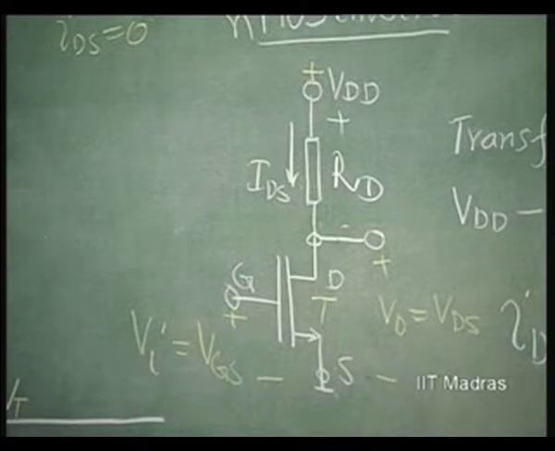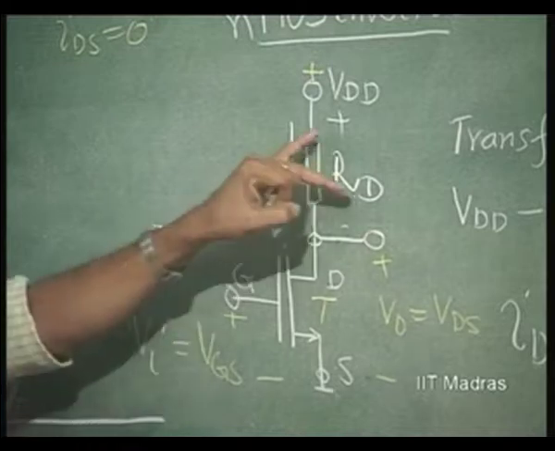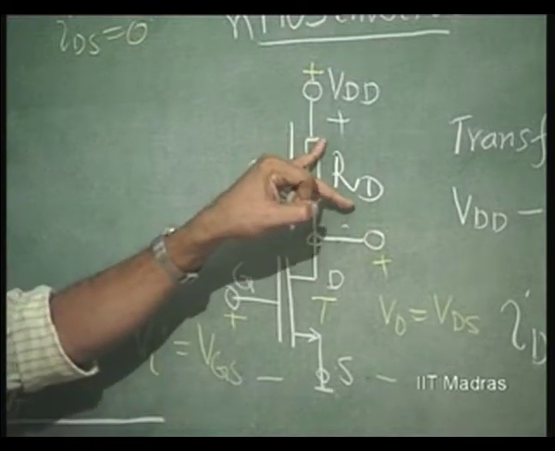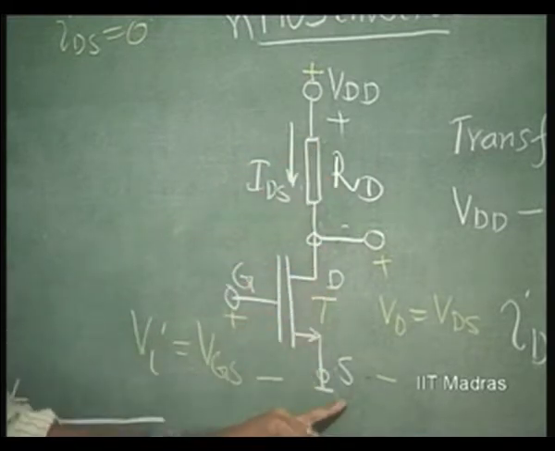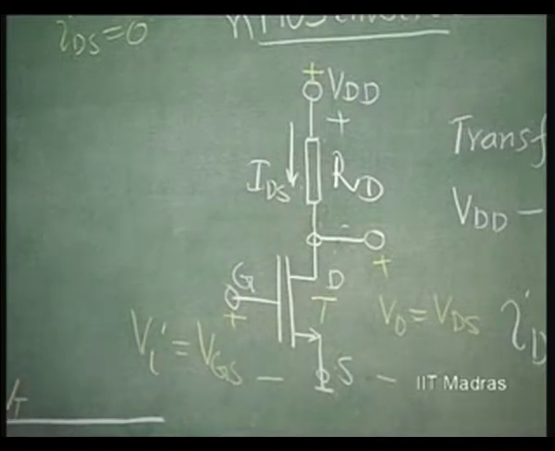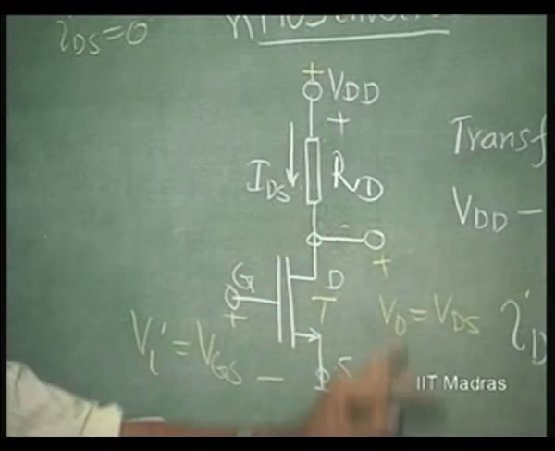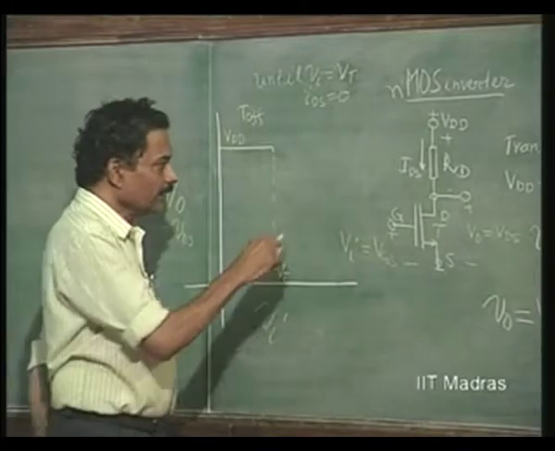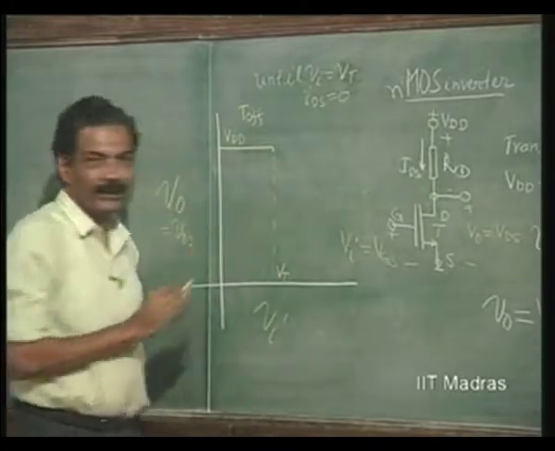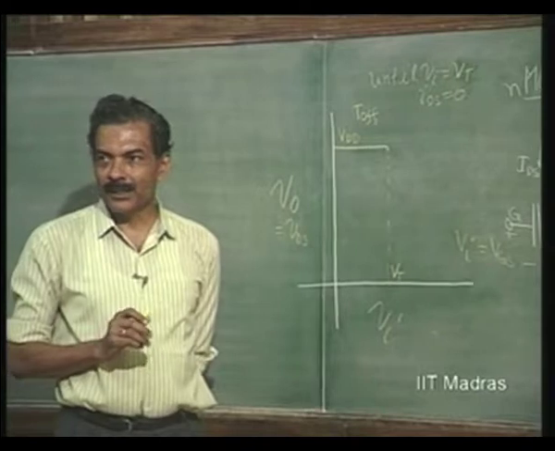Obviously, the point at which ID is 0 and VDS is the highest possible, VDD, should be a point where the transistor is in current saturation region.